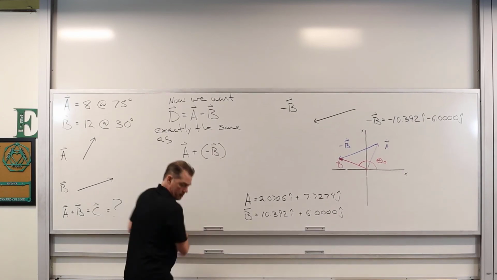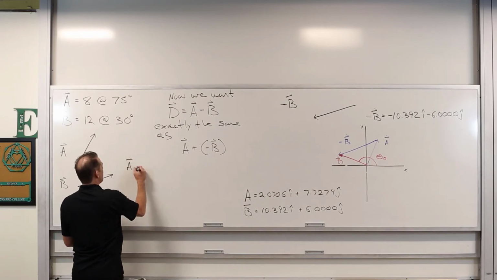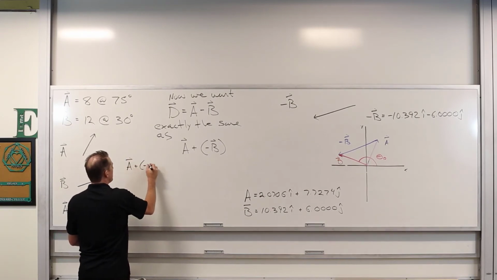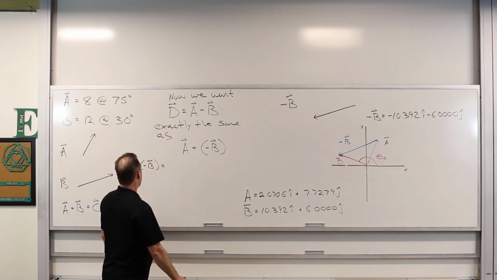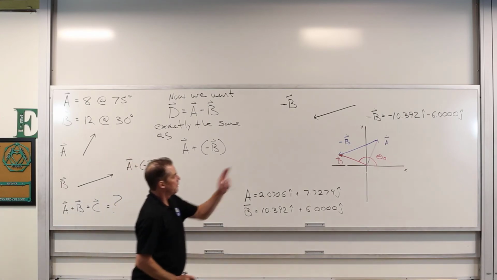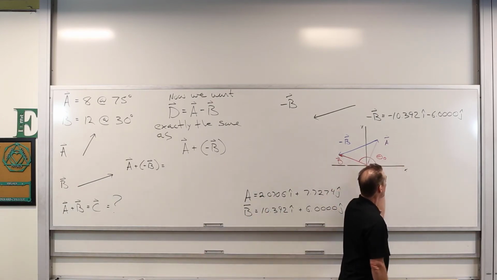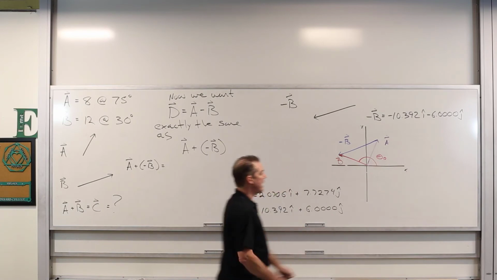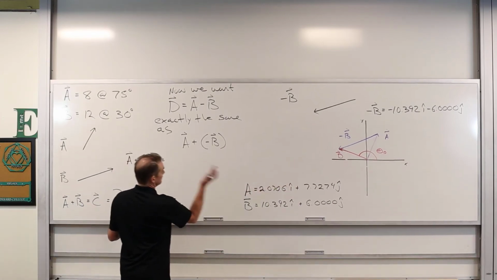So, back here, we've got a hat plus negative b hat is going to be equal to a sub x minus b sub x plus a sub y minus b sub y in the i hat and j hat directions respectively. Let's just write it like this.